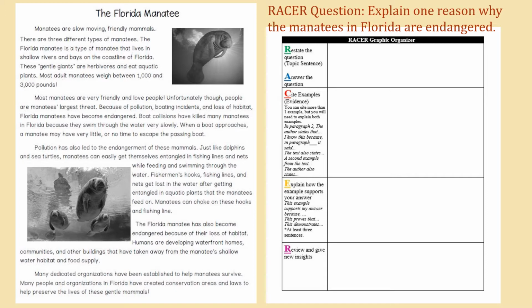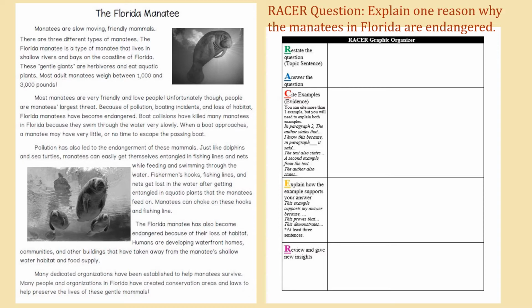Just like dolphins and sea turtles, manatees can easily get themselves entangled in fishing lines and nets while feeding and swimming through the water. Fishermen's hooks, fishing lines, and nets get lost in the water after getting entangled in aquatic plants that the manatees feed on. Manatees can choke on these hooks and fishing lines.